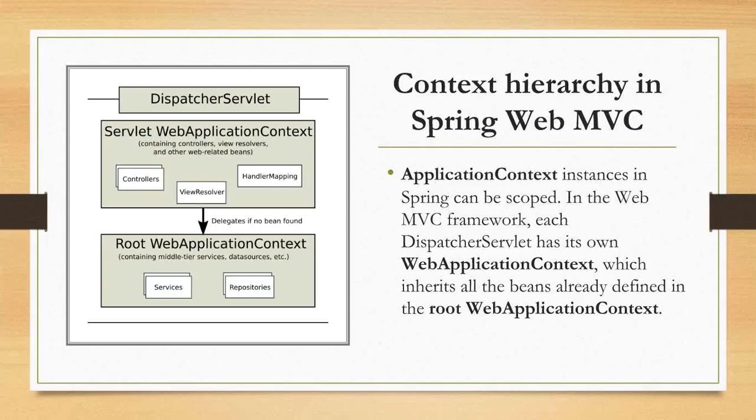So what happens here? This is a Spring MVC based application. Definitely, you'll have a container here also. You'll have an application context. So far, we are working with one type of application context.